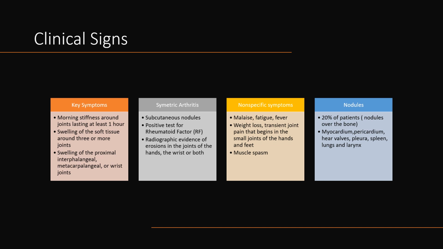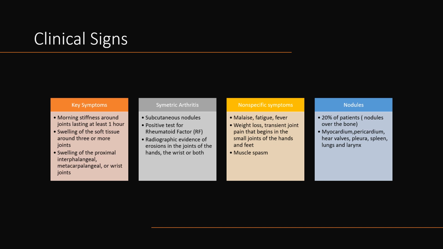Key symptoms are morning stiffness around the joints lasting at least 1 hour, swelling of the soft tissue around 3 or more joints, and swelling of the proximal interphalangeal, metacarpophalangeal, or wrist joints, symmetric arthritis, subcutaneous nodules, a positive test for RA or rheumatoid factor, or RF, and radiographic evidence of erosions in the joints of the hands, the wrist, or both. At least 4 of these must be present for 6 weeks or more for the diagnosis to be made.